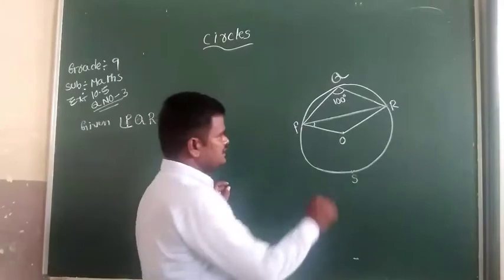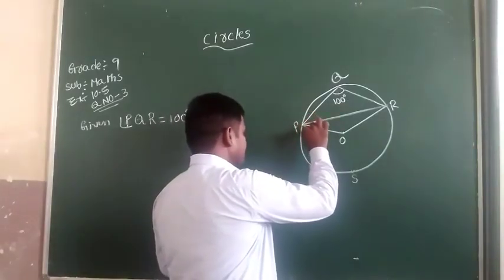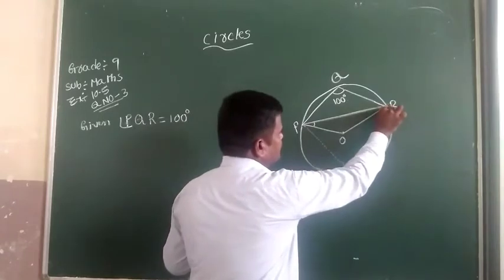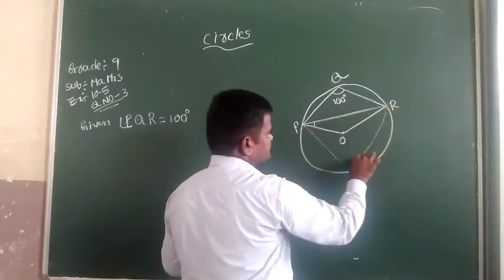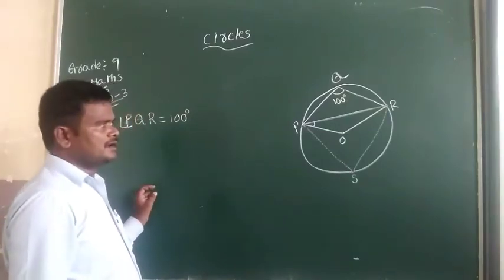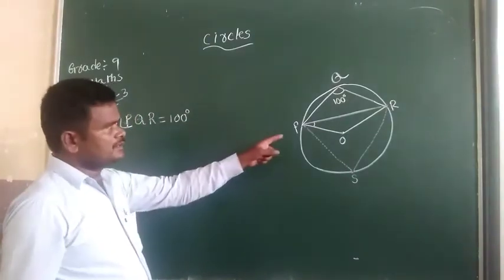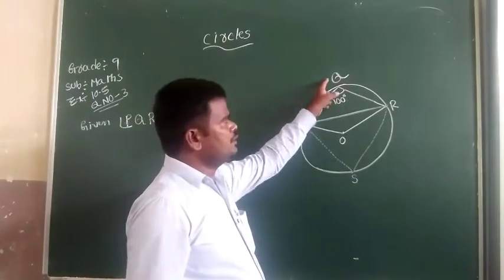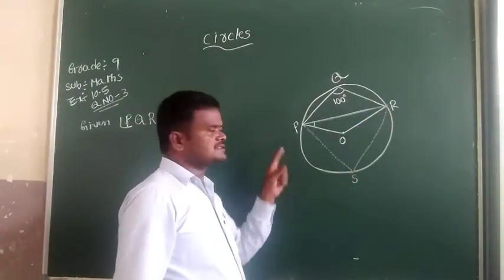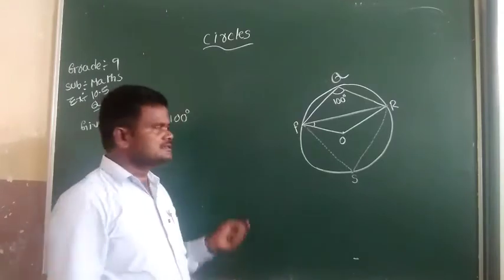Now join PS and RS. So these four points P, Q, R, S lie on the circle.